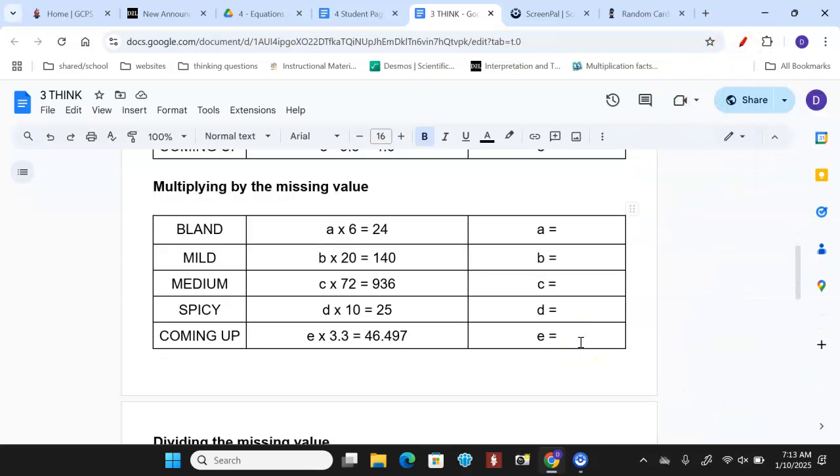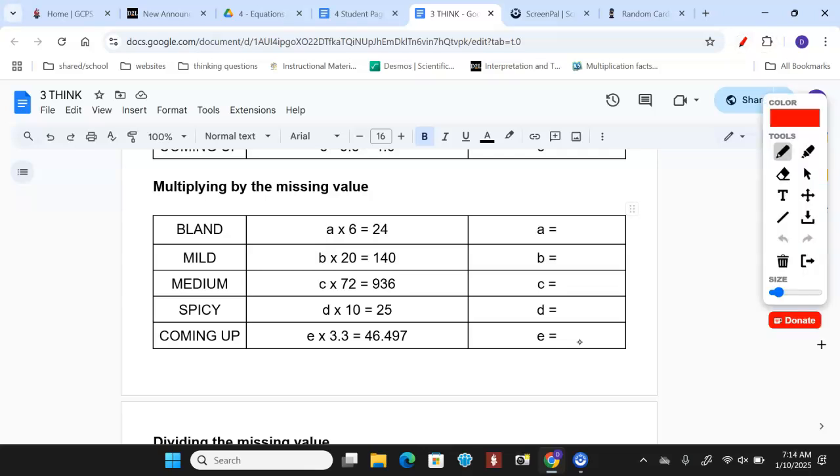Like we go down to, say, multiplying. Same deal. C times 72 equals 936. Yikes, that sounds hard. But once you guys got the hang of it, it worked pretty good. So, to find that missing value, if times 72 is in the equation, the inverse operation would be to divide by 72.